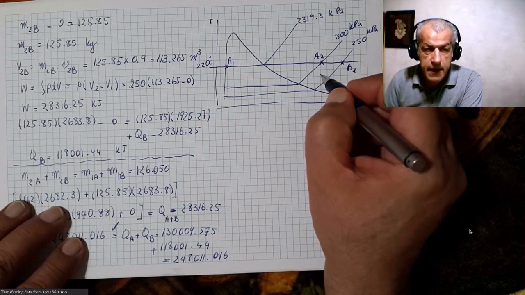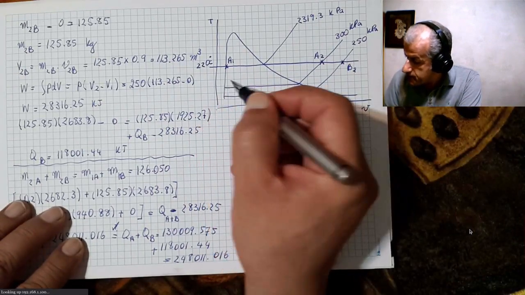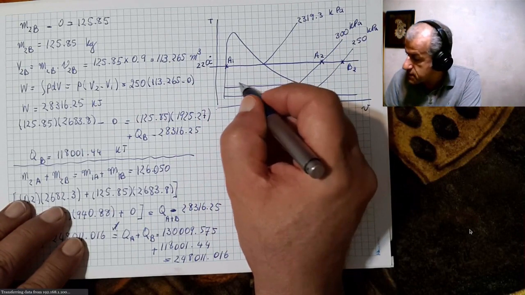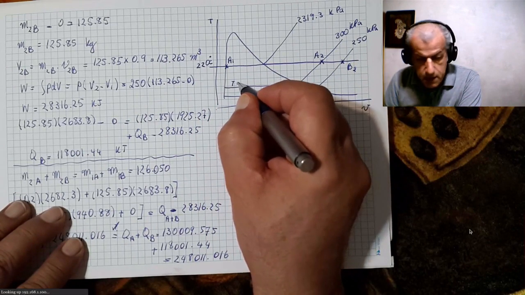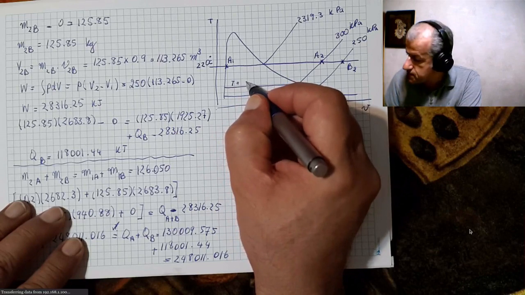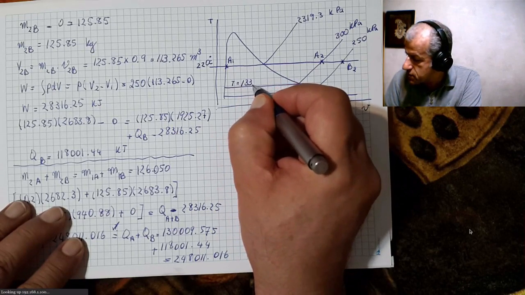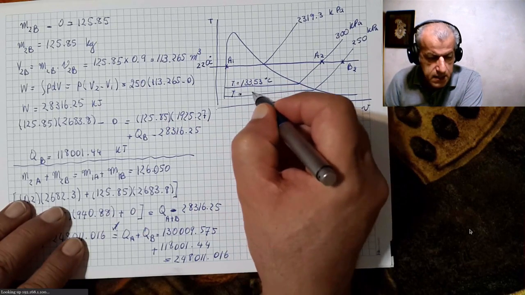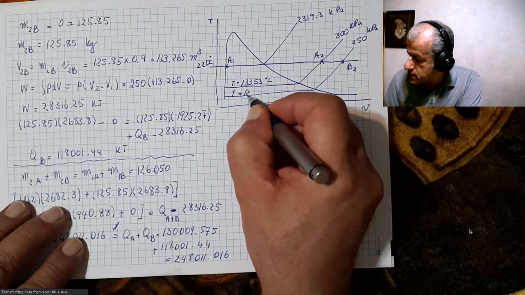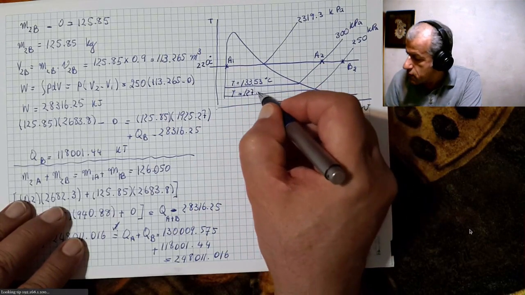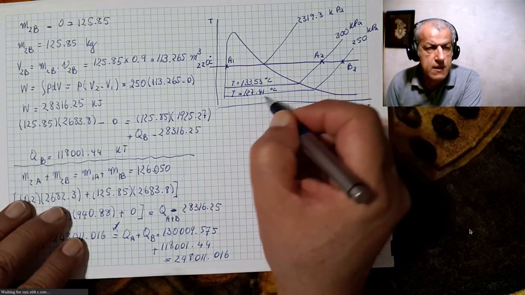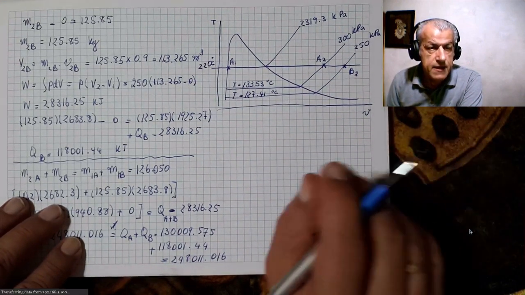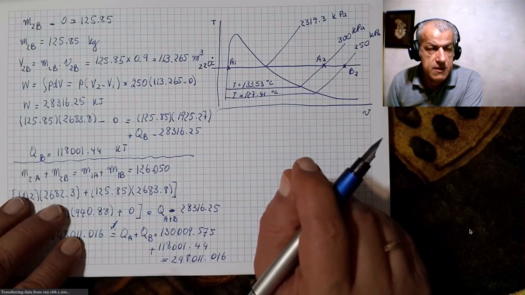Everything at B ends here. Over this line, the temperature T equals 133.53 degrees C, and over this line, T equals 127.41 degrees C. So we now have the two different temperatures over this line.